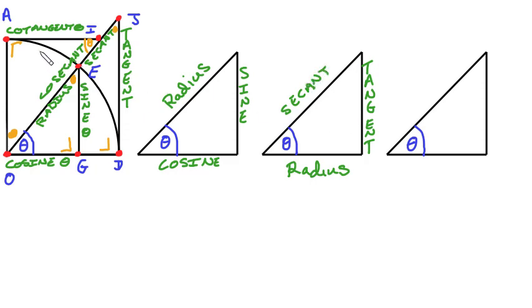Finally, if we look at this triangle over here, OAI, this angle, theta, the base will be the cotangent, which will be this one here. The hypotenuse will be the cosecant.